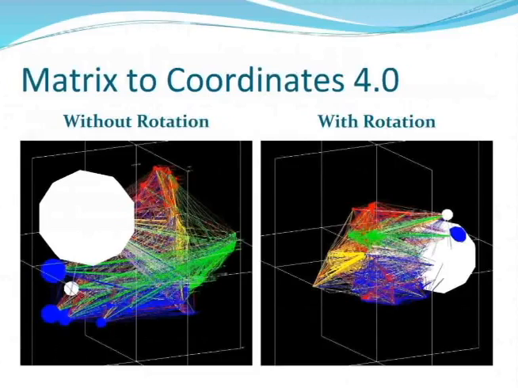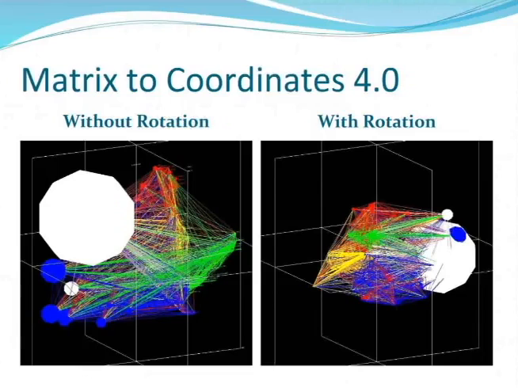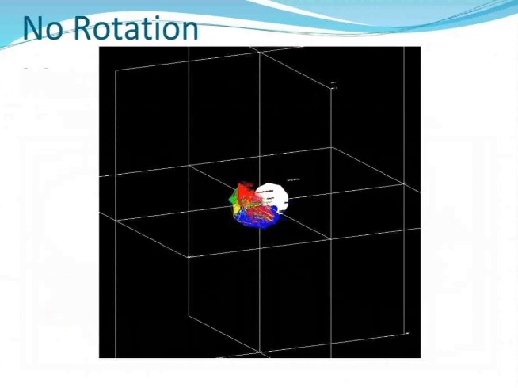You'll notice that the large white ball is on the left without rotation and on the right with rotation. What this is actually just here to show you is that this is an axis flip. This is a situation where the MDS coordinates flipped on the x-axis. And so what you think is a major difference in your data is actually a byproduct of the MDS.